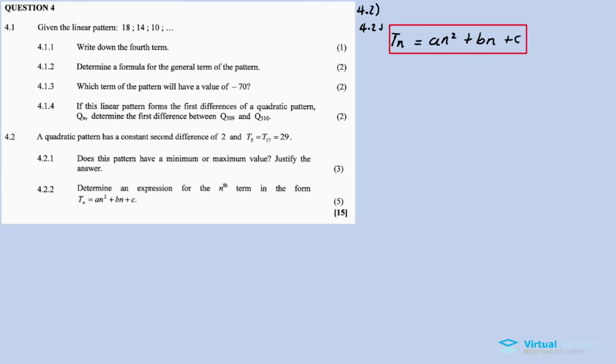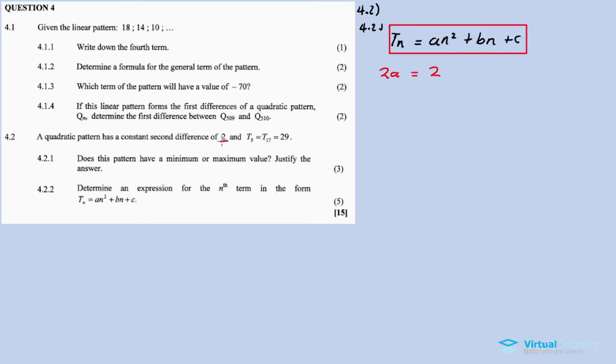So in other words, we have to calculate the value of a, right? That value of a will tell us whether we have a minimum or a maximum. Now look, do you still remember how we calculate a in a quadratic pattern? In a quadratic pattern, 2 times a is equal to the second common difference.